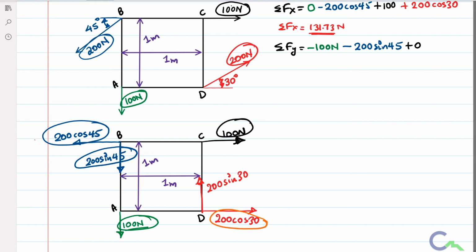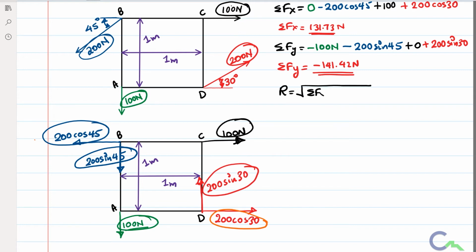The last 200 Newton force, the vertical component is moving upward, therefore it is positive, 200 sin 30. If I do the summation, I will get minus 141.42 Newton.